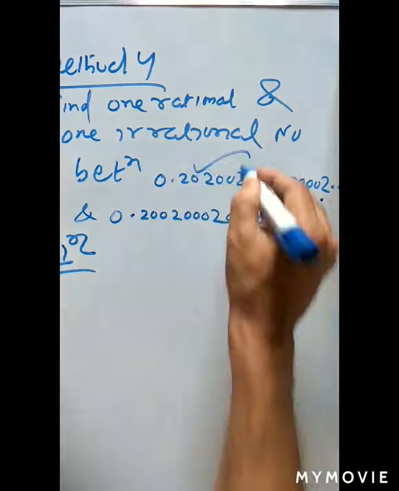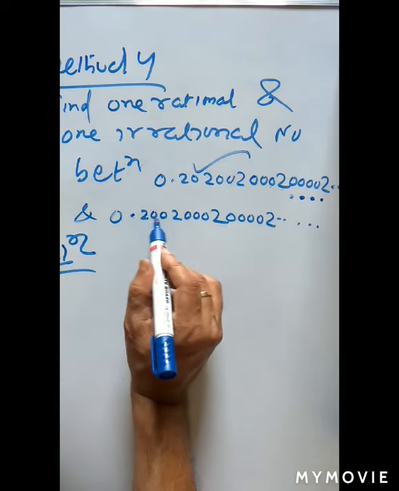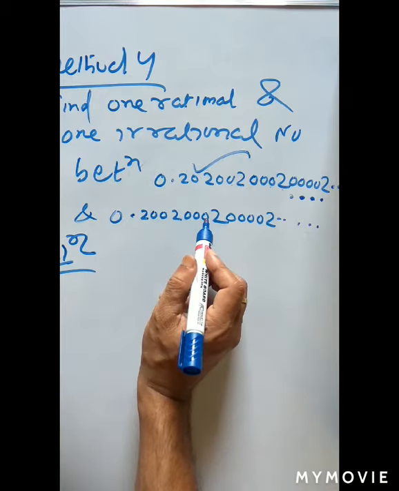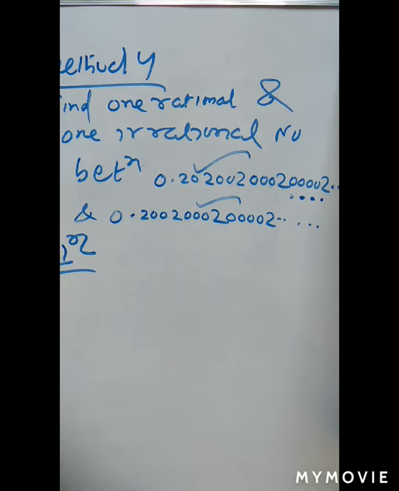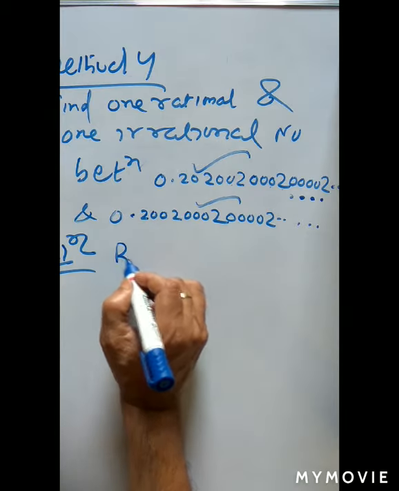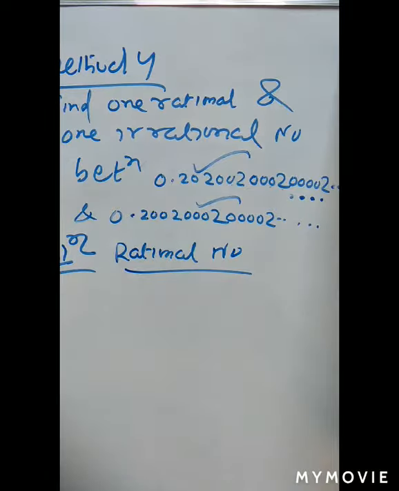So this number is which number? Irrational number. Similarly, if you see here 0.200, 200, 240 like this, it is also an irrational number. So between these two irrational numbers, you have to find one rational number. First we will find one rational number between these two. Okay, so how will you find one rational number between them?